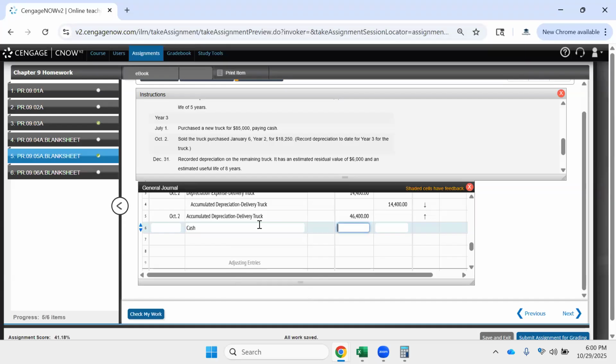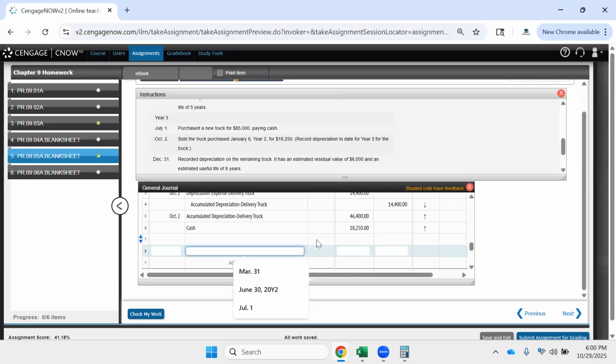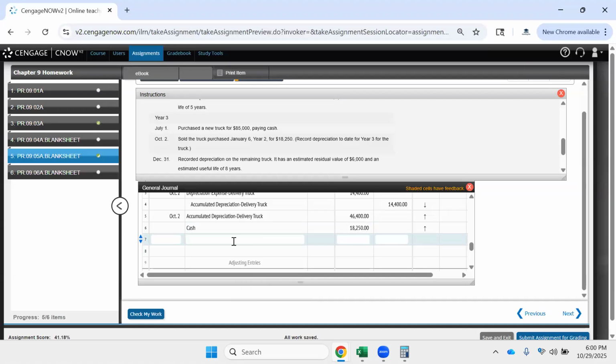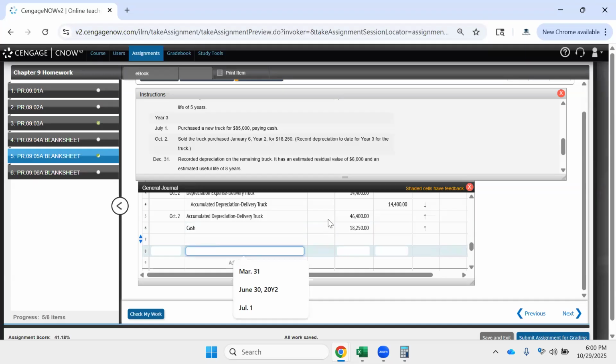And we also have to debit our cash because we received cash for the sale of 18,250. And we'll wait to see if we have a gain or loss first before entering gain or loss. And then we have to credit delivery truck.